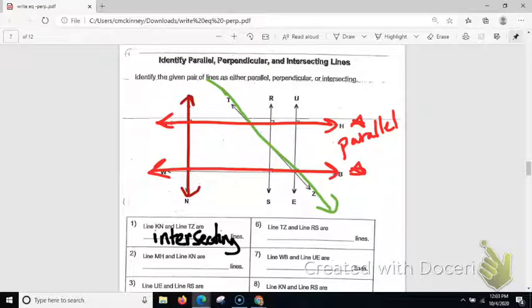Since I've told you those are parallel, you may have a better idea about what parallel means, because now you have an example. Parallel lines run side by side, they have the same slope, and they are always equidistant apart.